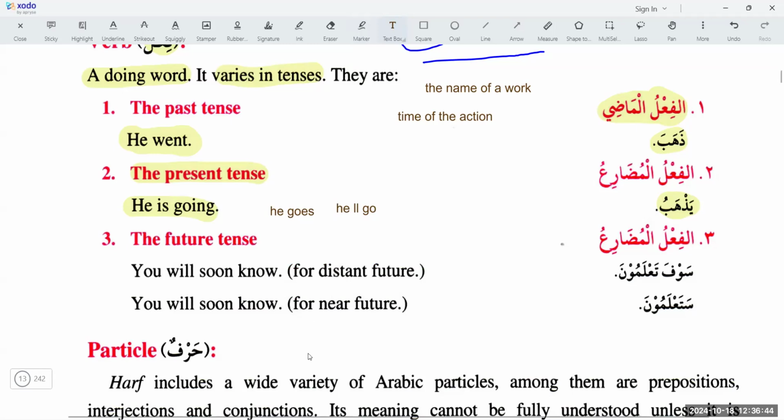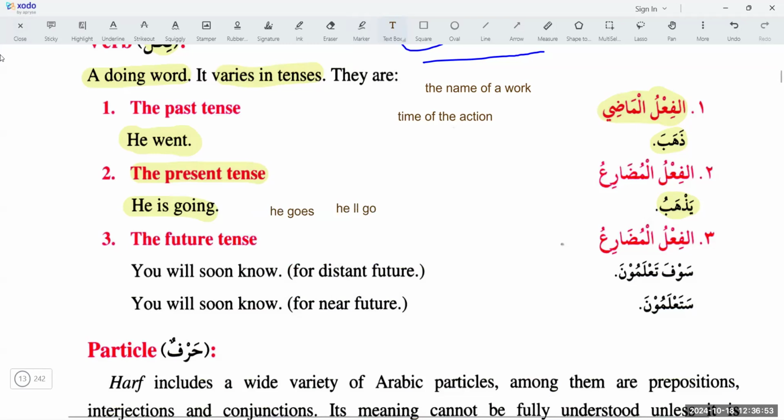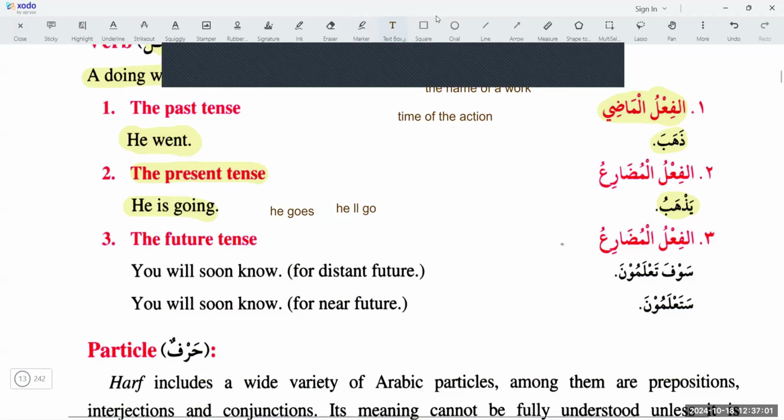Wait a minute, please. Teacher, I have a question. I don't know how to raise hands.